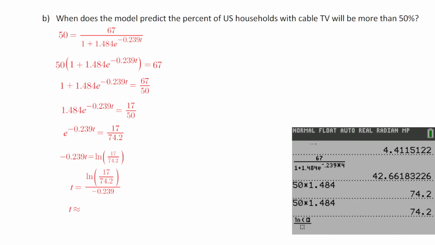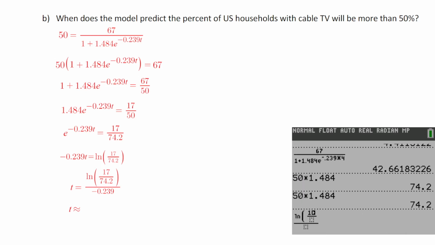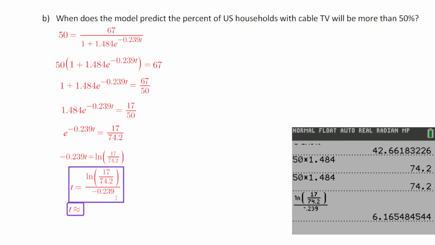The natural log of 17 over 74.2 over negative 0.239. I think I got that. Let me look at it. Yep, that looks good. And so we get approximately 6.165. All right, so that's just 3 decimal places.